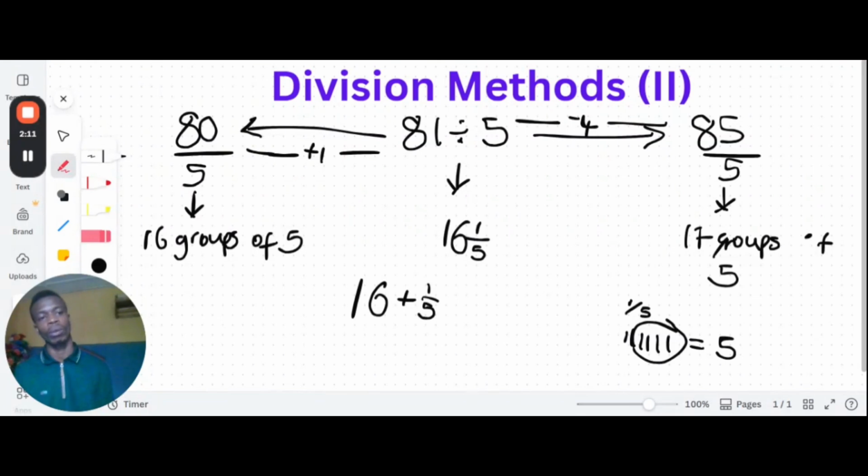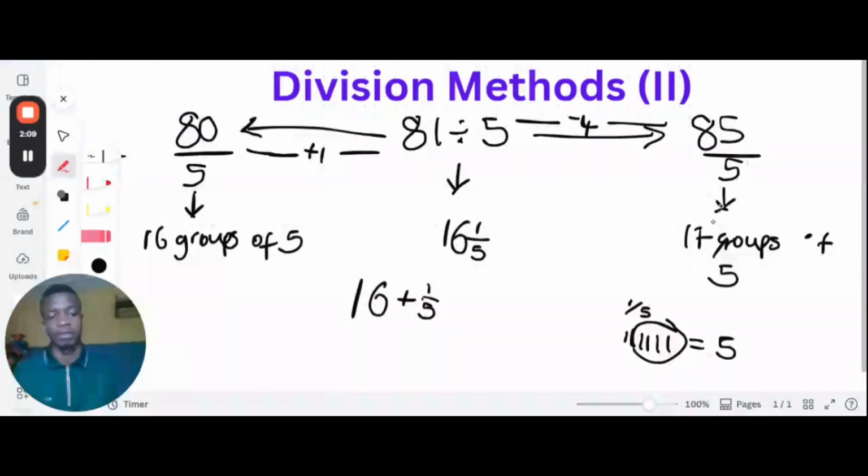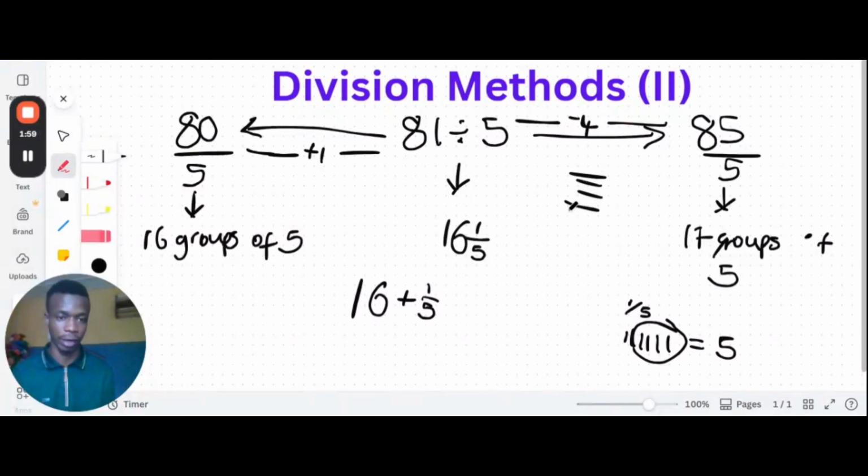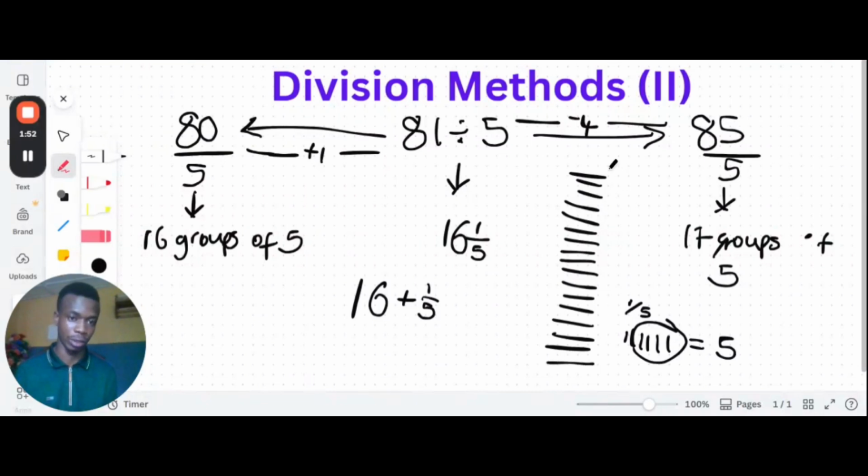All right. Now, 85 divided by 5 is 17. From 85 to 81, you need to subtract 4, right? Now, you have 17 groups of 5. If you were to subtract, these are 17 in total, right? Now, you are to remove 4 parts out of 5.